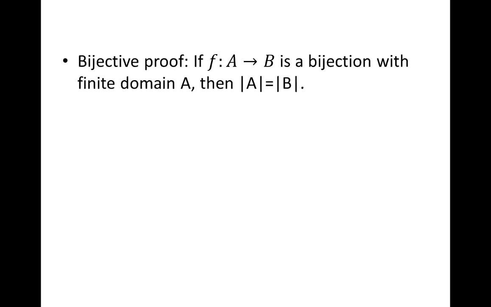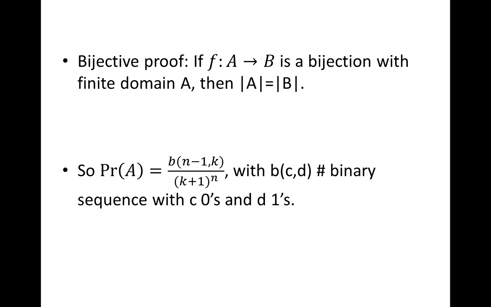If f from A to B is a bijection with finite domain A, then the size of A is equal to the size of B. So the final result for the probability of A is given by B(n minus 1, k) divided by the size of S, (k plus 1) to the power of n, with B(C,D) representing the number of binary sequences with C zeros and D ones.